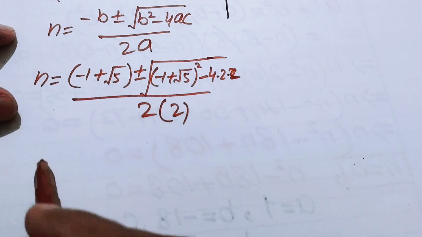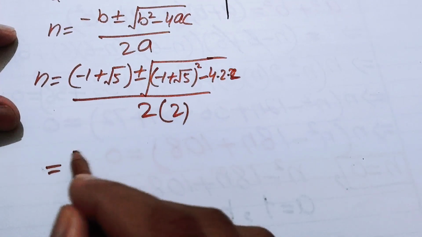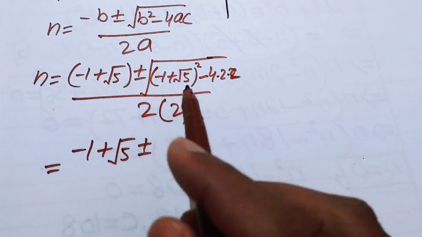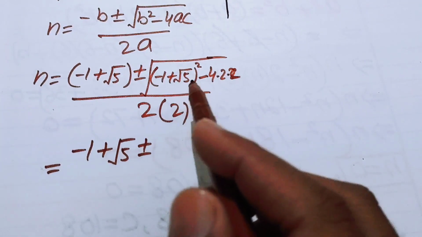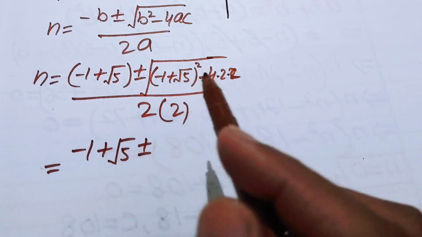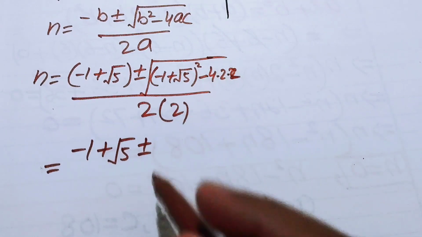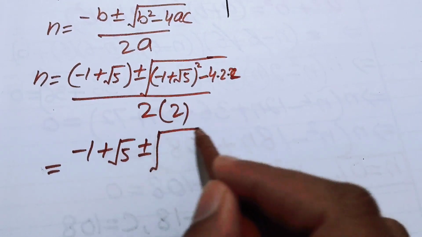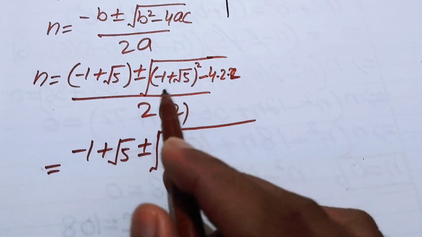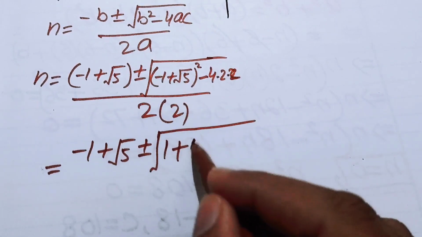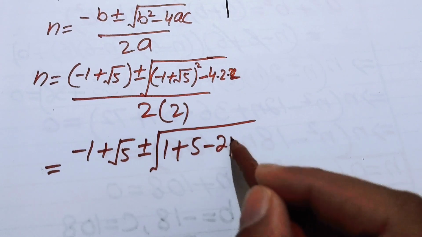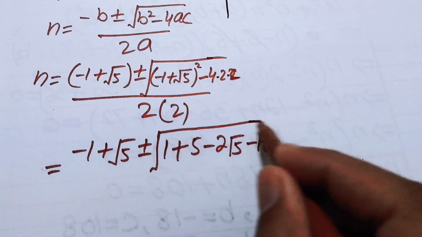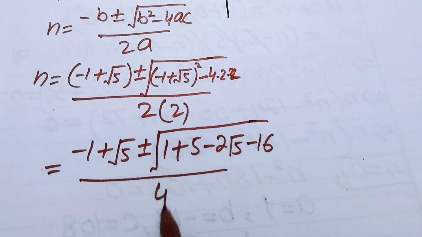Now we will simplify the terms, and you will get here minus 1 plus square root of 5, plus or minus, you can open the square root of this term and simplify the terms here, and then you will easily get the value of n. We open the square, and you get 1 plus 5 minus 2 times square root 5, and this is equals to minus 16, and this whole over 4.